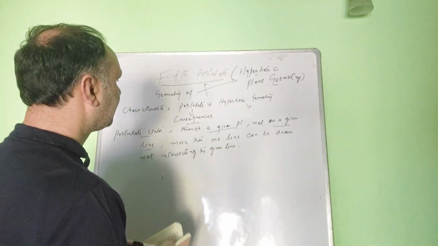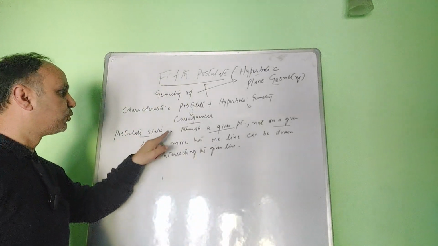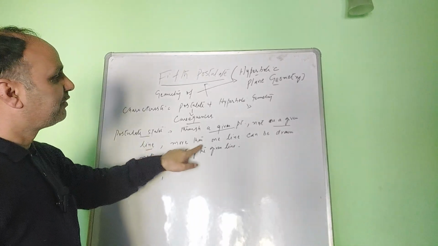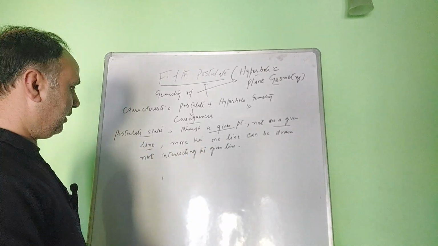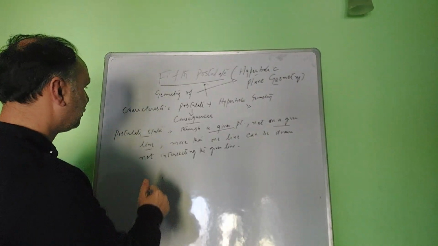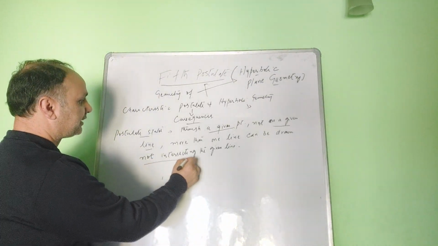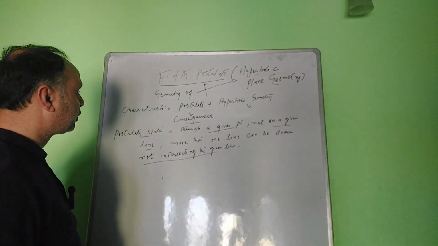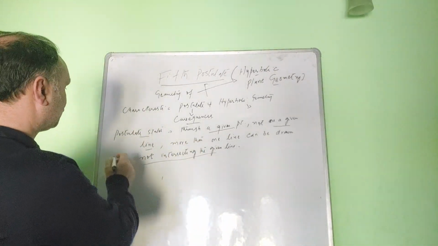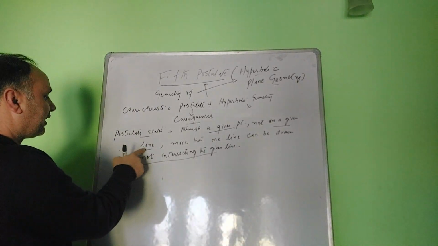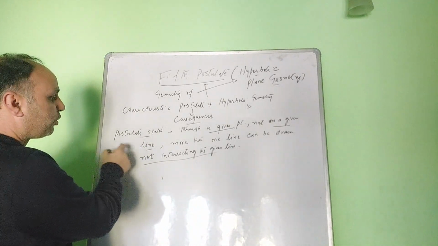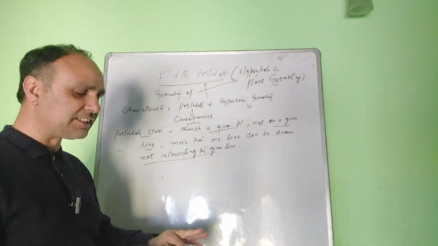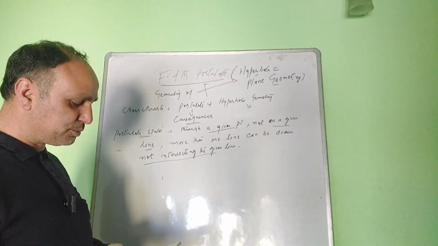So through a given point, not on a given line, more than one line can be drawn which is not intersecting that given line. So this is another way of stating the fifth postulate.